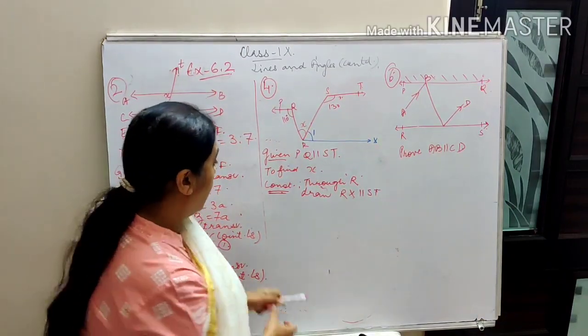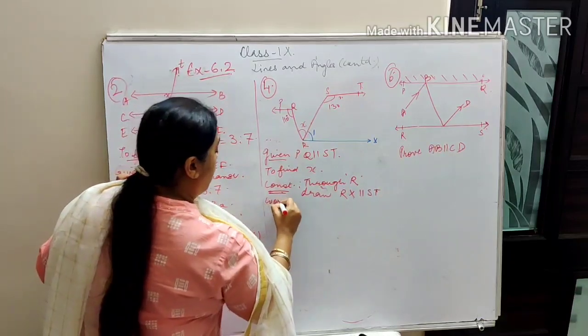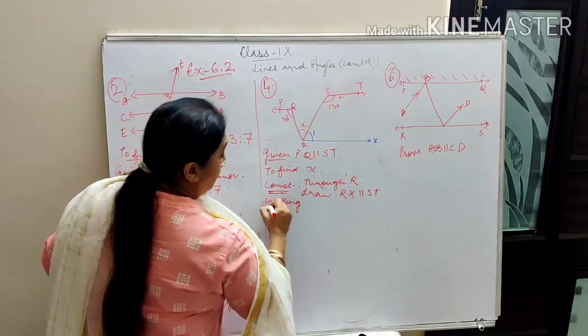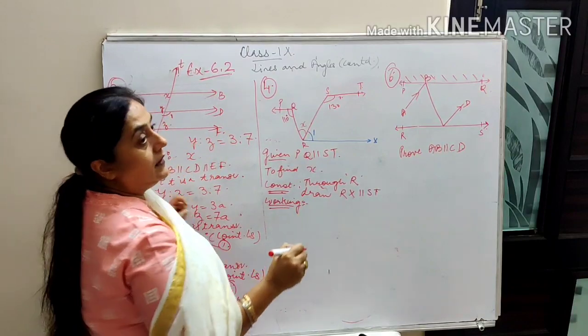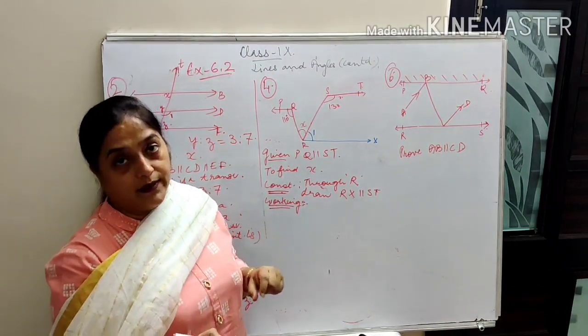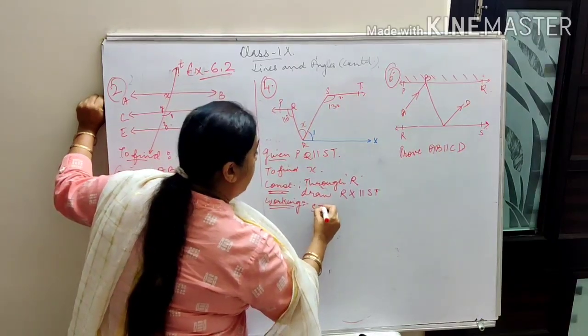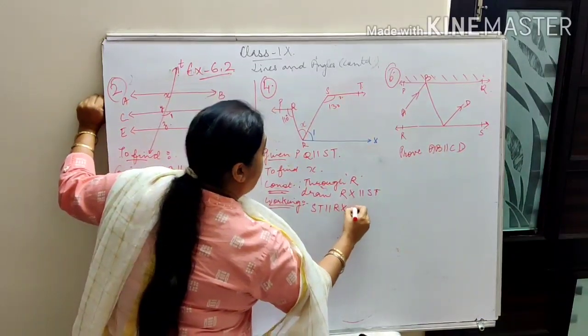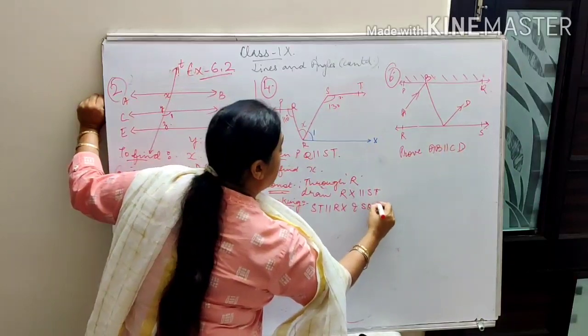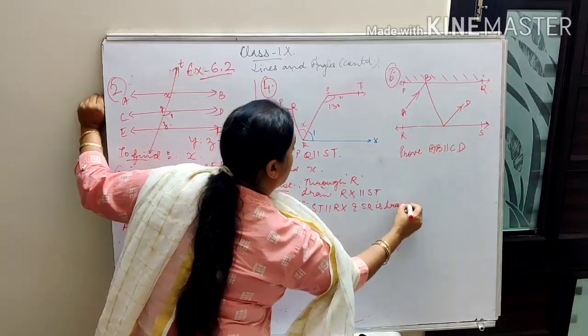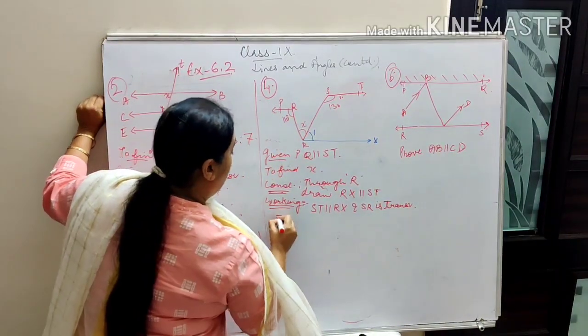Let us start working. Again, this question also can be done in many ways. That is up to you. Which method clicks you at that moment? Which method clicks in your mind? So angle, ST parallel RX and SR is transversal. Okay? So what will you write?